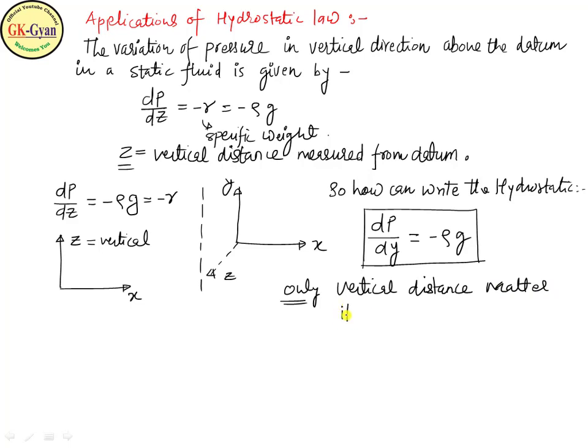It may be either y or z. Remember the basic law, z is the vertical distance. Okay, so this is the hydrostatic law. Now we will see the applications of hydrostatic law one by one.